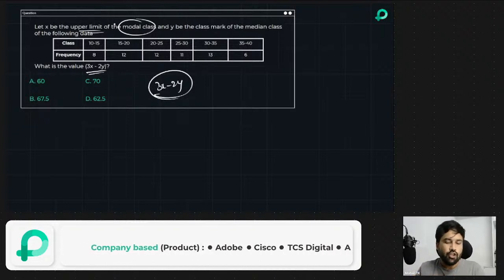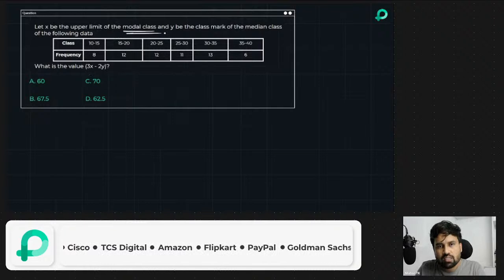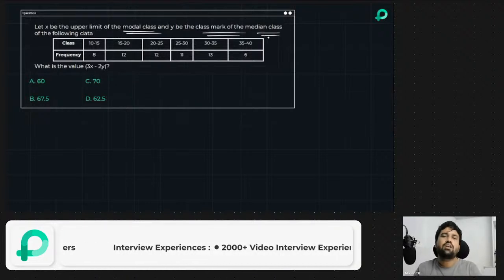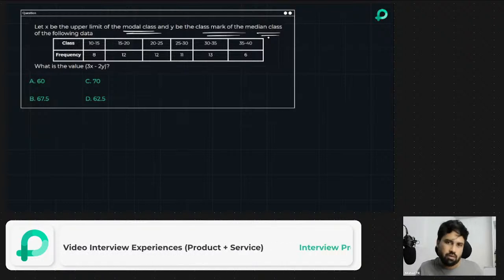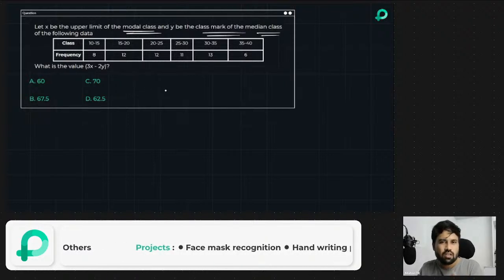For example, if you don't know what a modal class is, or what the class mark of the median class is, you can't even start the problem. We have around 20 terms in statistics. If you know those 20 terms, you can easily do these problems without wasting much time.